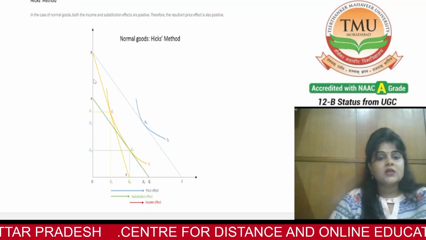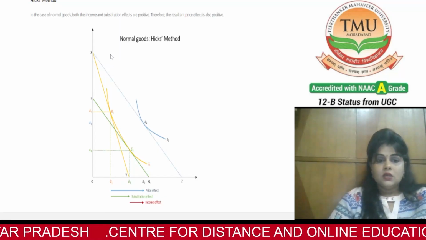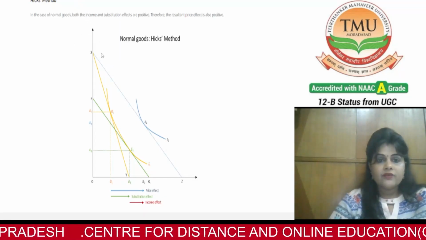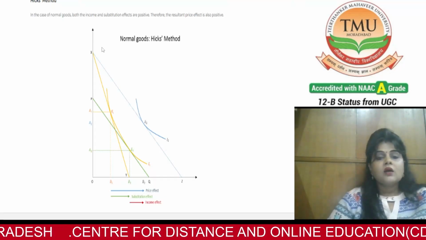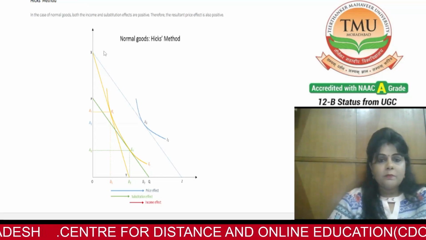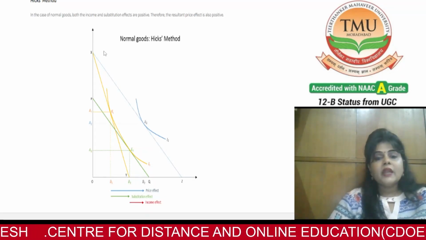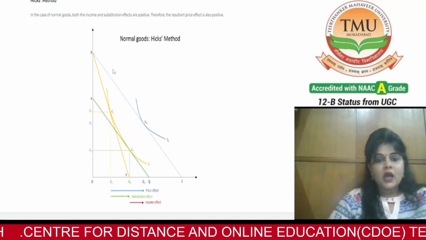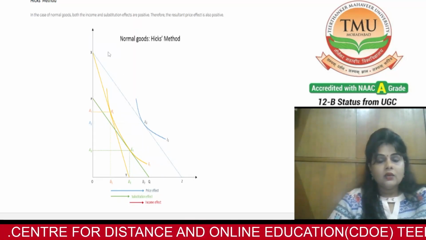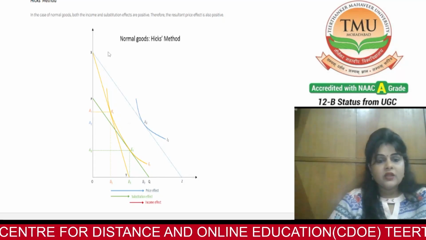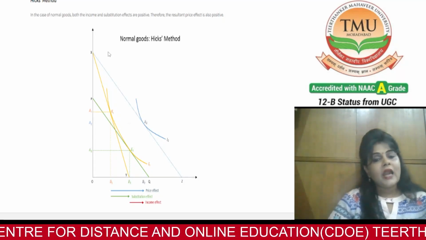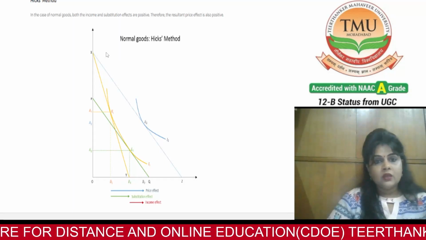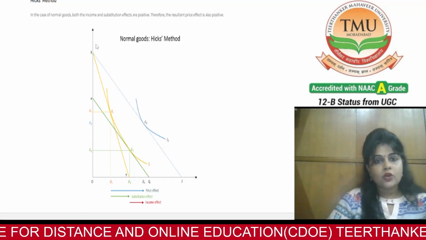Remember that the money income is reduced while the real income is the same, so the budget line shifts parallel from XZ to PQ. The amount of income to be reduced is such that the consumer is back on the original indifference curve, IC1. The budget line PQ is tangent to IC1. Therefore, the consumer is at equilibrium at a new point, E3.